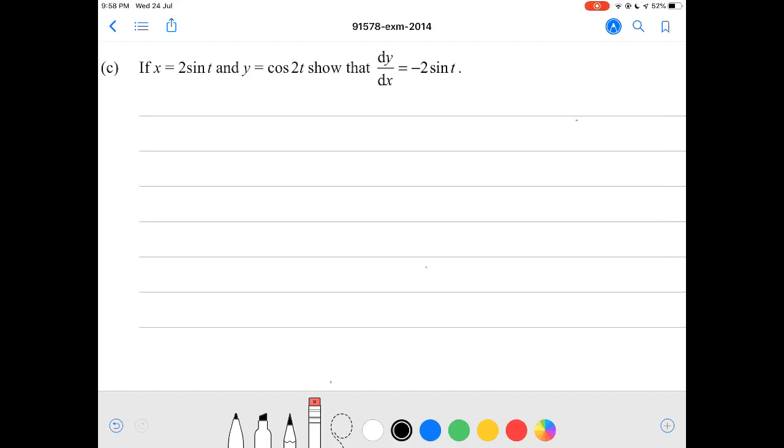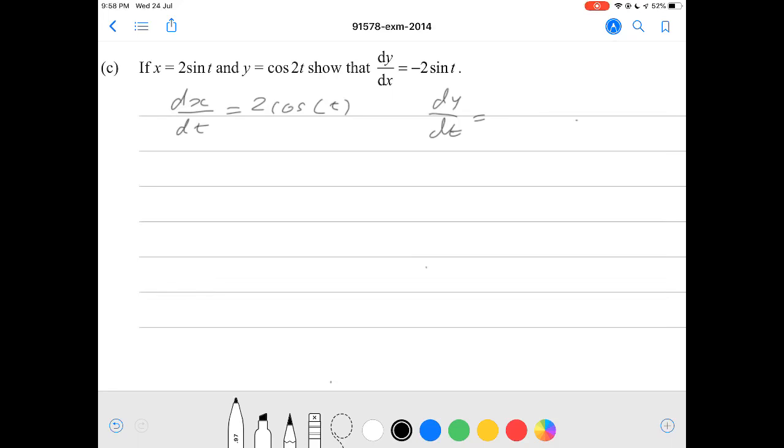We'll start with dx over dt. So dx over dt equals, sine simply differentiates to cos, so that becomes 2 cos of t. Dy over dt equals, cos differentiates to negative sine, and then you differentiate 2t, which is our inner function.